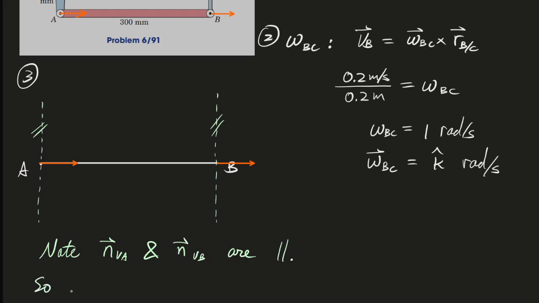So instantaneous center of zero velocity doesn't exist, which means the radius of, say, A from IC is equal to infinity.